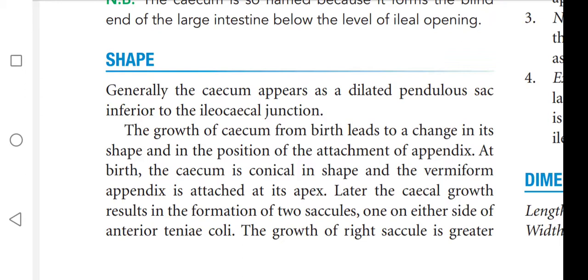Later, the cecal growth results in the formation of two sacculi, one on either side of the anterior taenia coli.